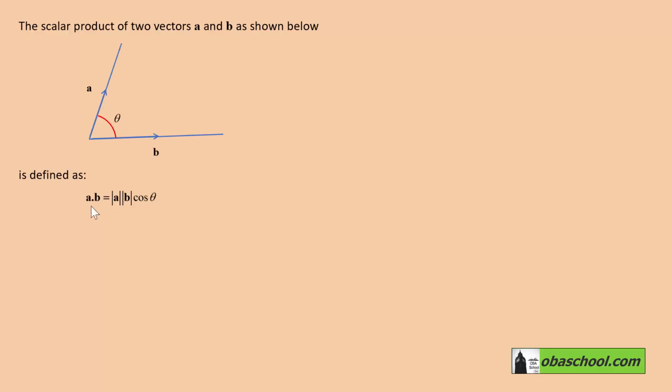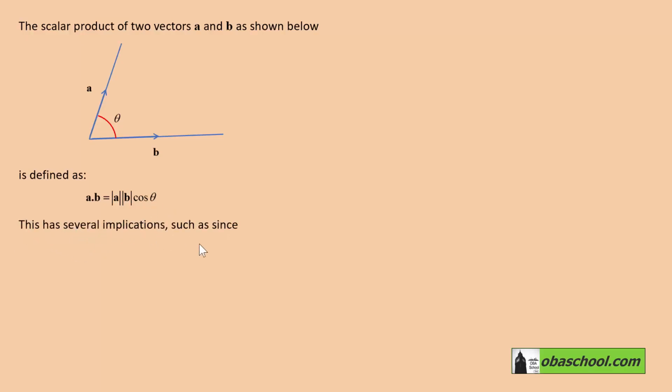So when you see A dot B, that is the scalar product or dot product of the vectors A and B. And that's equal to the modulus of A, which is the length of the vector A, times the modulus of B times cosine of theta. Of course, that's not a vector, it's a scalar, and that's why this is called the scalar product. We're taking the product of two vectors in such a way that we get just a number.